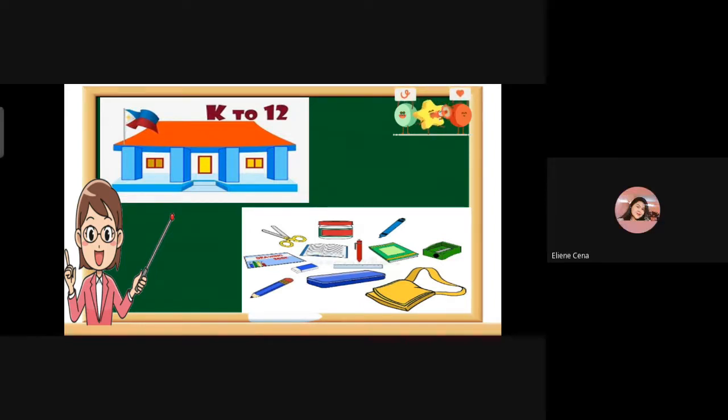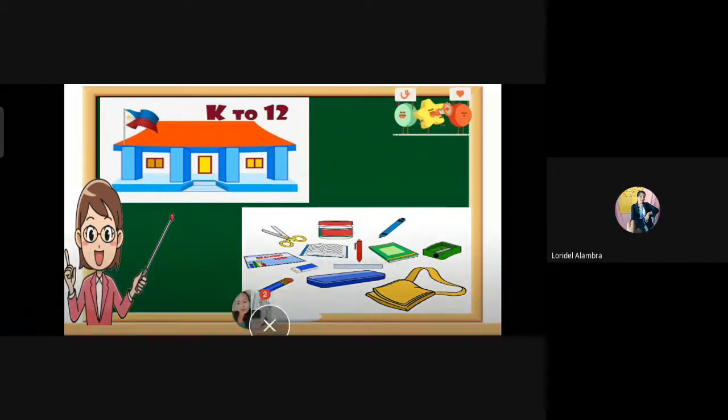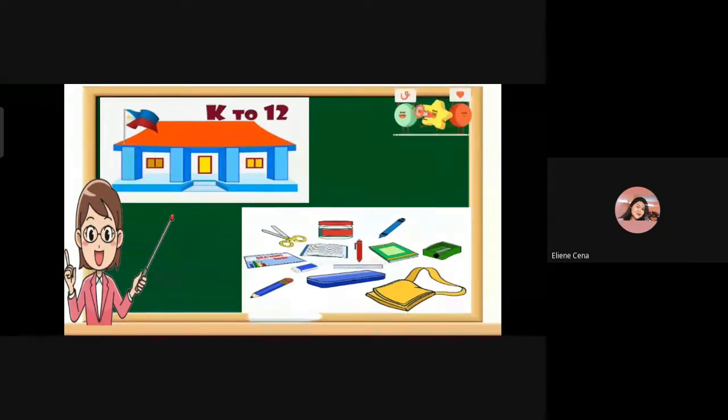Pencil, ma'am. Scissors, bag. Okay, very good. Books. Okay, very good. Things used in school are seen in that picture, like scissors, bag, pencil, ruler, notebook, and crayons. So, are you familiar with all the things used in school? Yes, ma'am, teacher. Okay, very good.